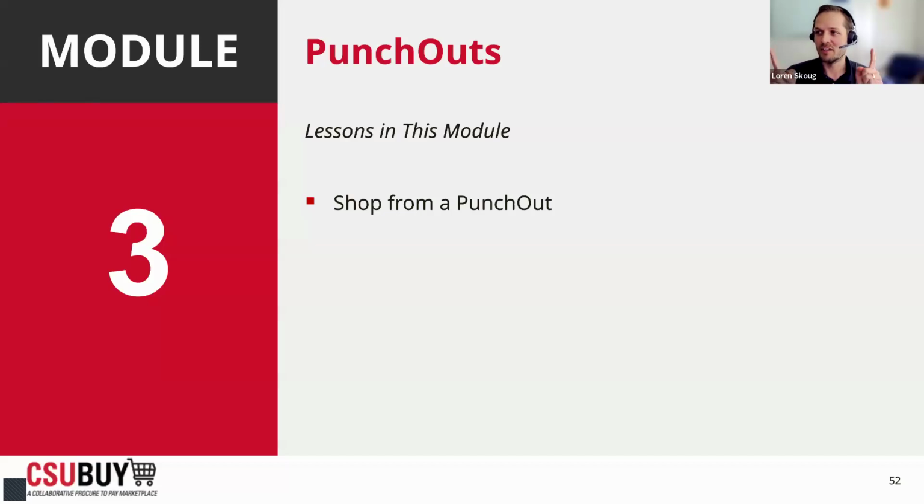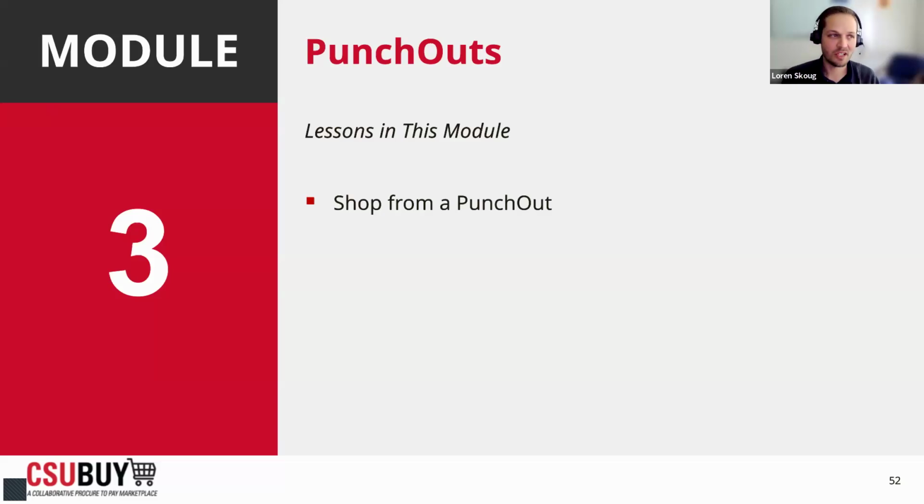A note on Staples or any of the punch-out vendors: if they're vendors that you've used before and you've shopped with your P-card or on their website, you're no longer doing that. You're going to do it in this system. For example, a lot of people use Staples Advantage.